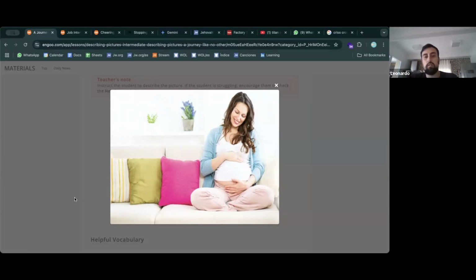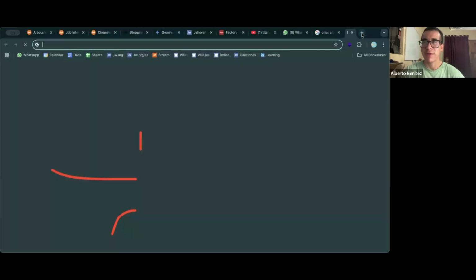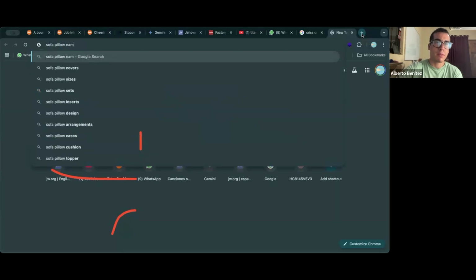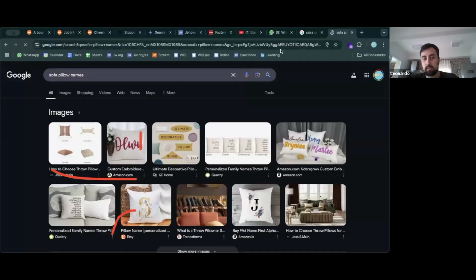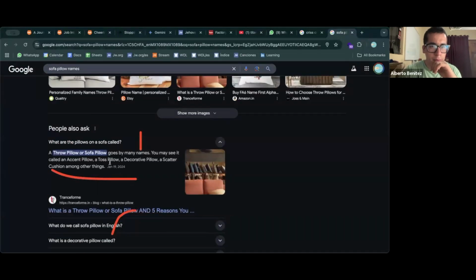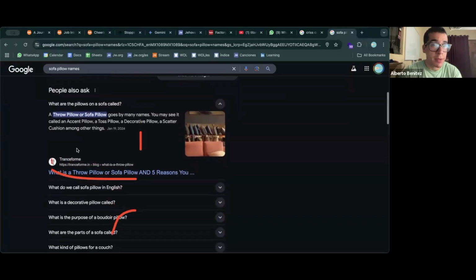Good. So these on the bottom here, we can refer to them as cushions. You can call them pillows, but there's another word to describe them, and I'm not remembering it off the top of my head. So let's do sofa pillow name. Cushion. I guess you can call them throw pillows, sofa pillows.